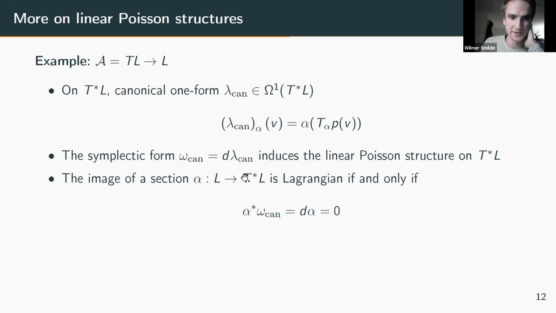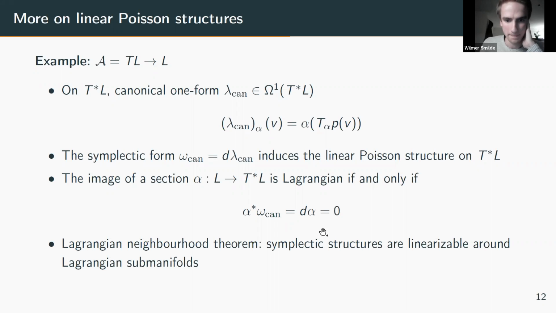Furthermore, we can describe the coisotropic deformations this way, namely the image of a section is Lagrangian if and only if it's closed. The Lagrangian neighbourhood theorem states that symplectic structures are always linearizable around Lagrangian submanifolds.